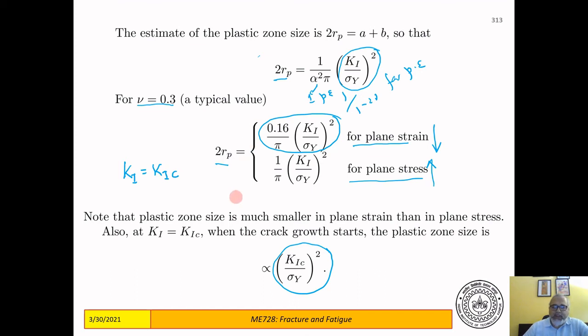So it all depends on the ratio between the fracture toughness of the material and the yield stress of the material. So this ratio determines whether you can assume a problem to be small scale yielding, or whether it is not a small scale yielding problem but a large scale yielding problem. So that decision has to be determined by calculating this ratio.